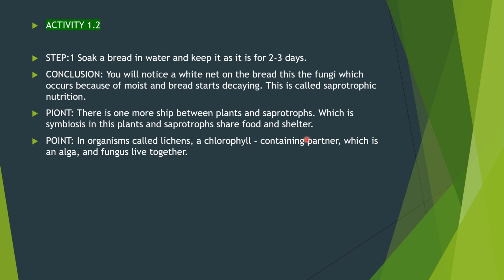Point 2. An organism called lichen has a chlorophyll-containing partner, which is an algae, and a fungus living together. So here it's a lichen, a fungus, and it lives with a chlorophyll-containing partner, which is algae. We saw earlier that algae also contain chlorophyll, so that's why carbohydrates are formed.